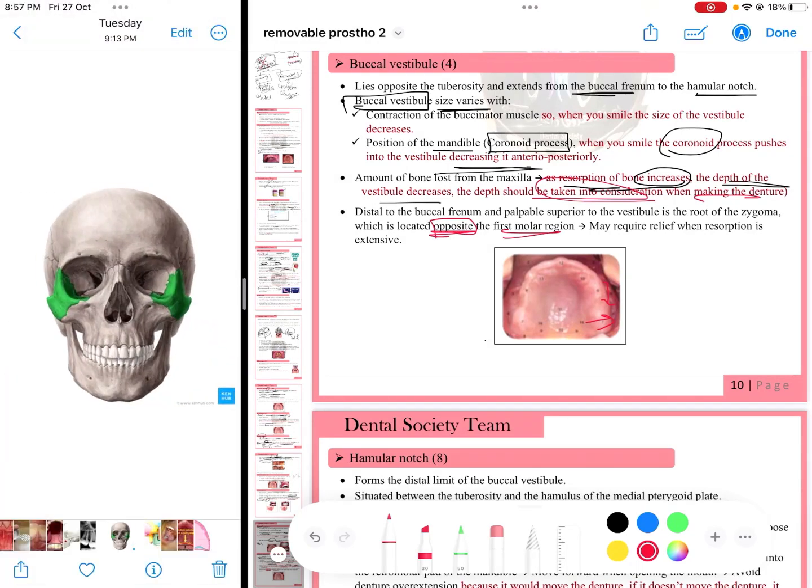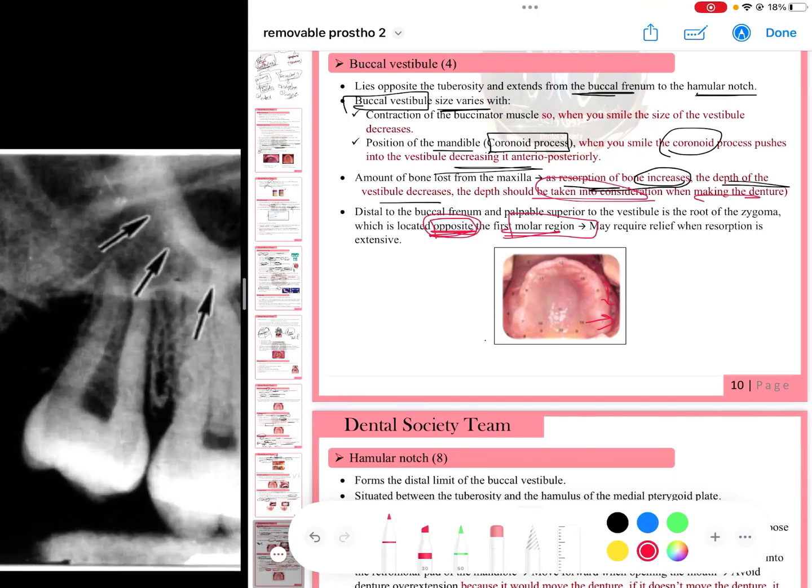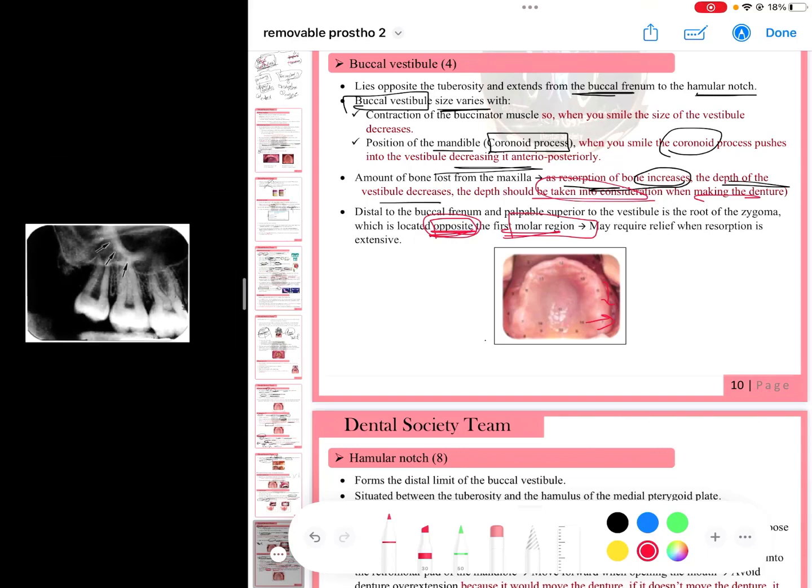This is the zygoma, the cheekbone. So if you go posteriorly and up, opposite, superior to the first molar region, you can touch the zygoma. Okay, so in this picture, look how high the zygoma is, pointed out by the arrows. The high zygoma is very clear, white, in the picture. This is the zygoma.